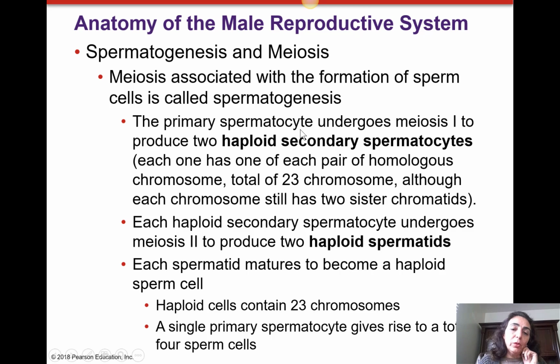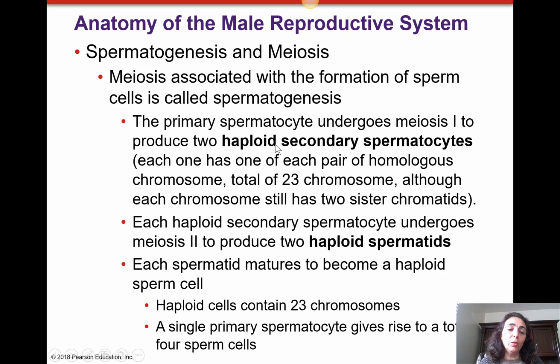The primary spermatocyte, the daughter cell that is now undergoing more development, undergoes meiosis 1 to produce two cells that we call secondary spermatocytes, right? Now, as you see, these primary spermatocytes get into meiosis 1. In meiosis 1, the number of chromosomes becomes half. Therefore, these secondary spermatocytes after meiosis 1 are haploid, right?